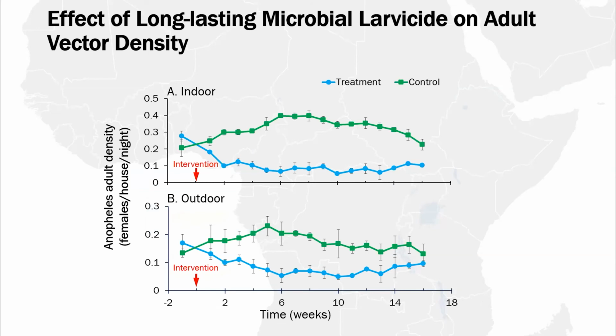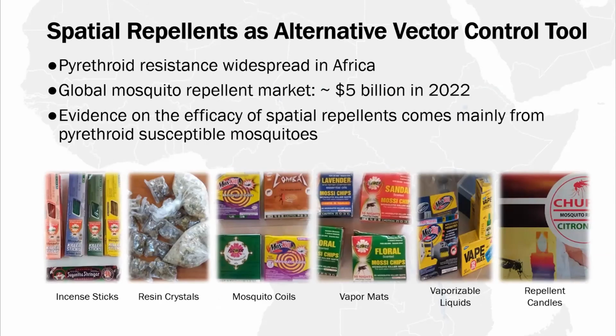At the end of the day, we looked at the indoor and outdoor densities of mosquitoes within the areas of treatment and control. And we found that the areas with this long-lasting larviciding treatment had lower densities compared to areas without the treatment. So this particular long-lasting larvicide is equally important in vector control.